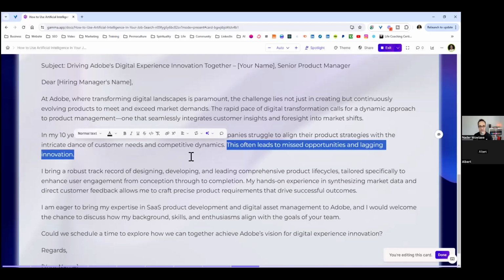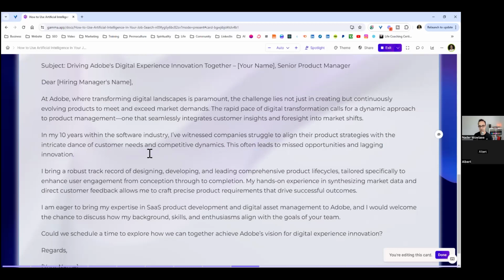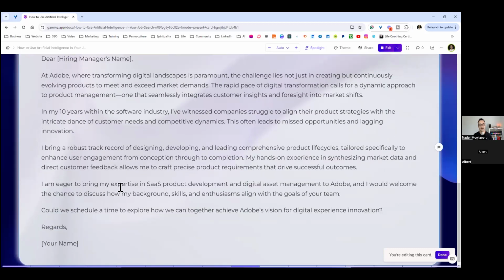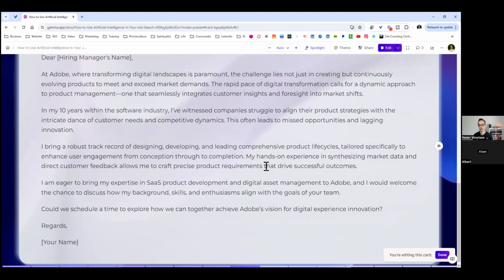These are the consequences. This is you agitating the problem. This is why it's so important to integrate customer insights and market shifts into the product. Now we get into the solution. I bring a robust track record of designing, developing, and leading comprehensive product lifecycles tailored specifically to enhance user engagement from conception through to completion. My hands-on experience in synthesizing market data and direct customer feedback allows me to craft precise product requirements that drive successful outcomes.